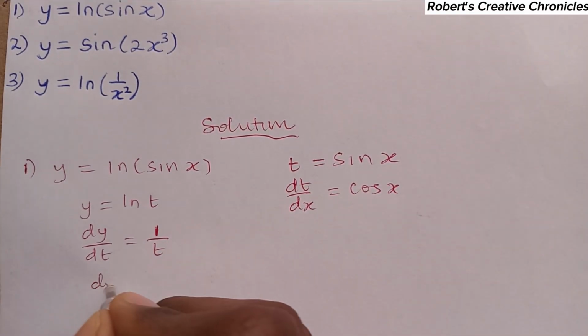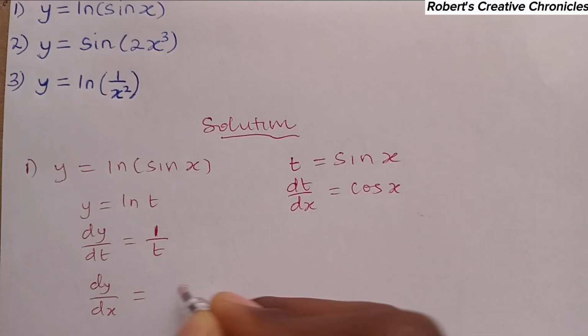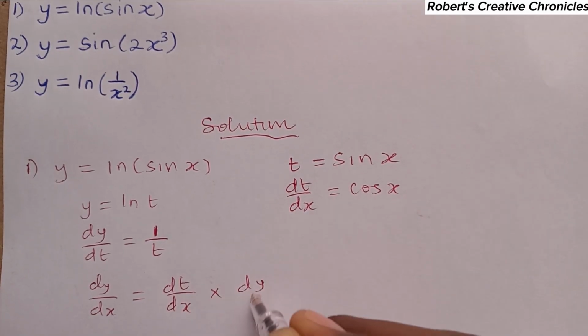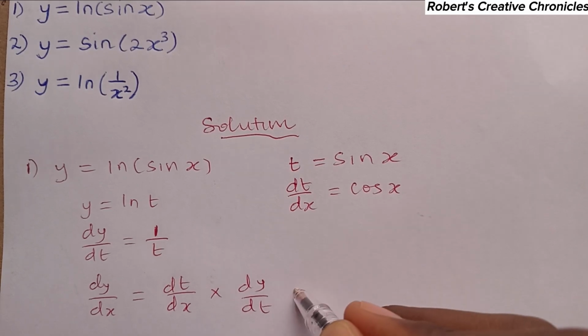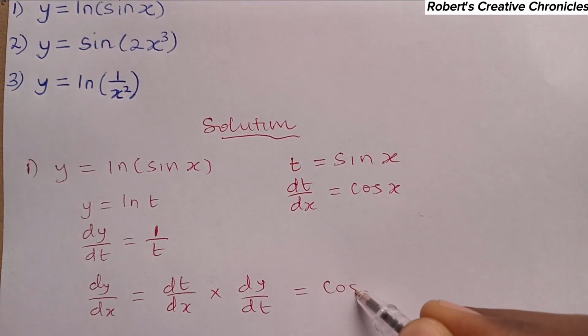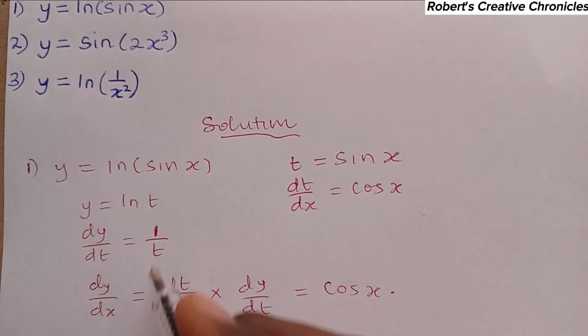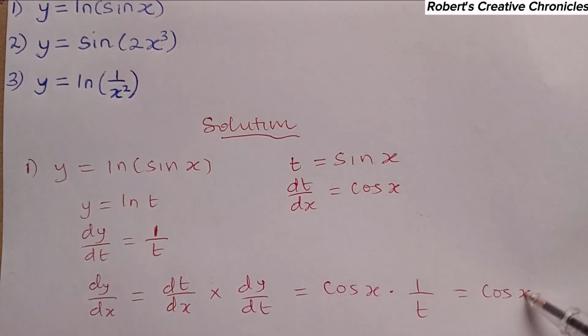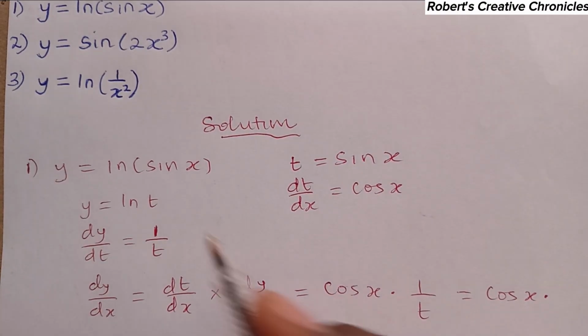So now we can use the chain rule. So dy over dx is what? dt over dx times dy over dt. So this becomes, what's dt over dx? Cos x. What's dy over dt? 1 over t. And this becomes cos x times what's t?